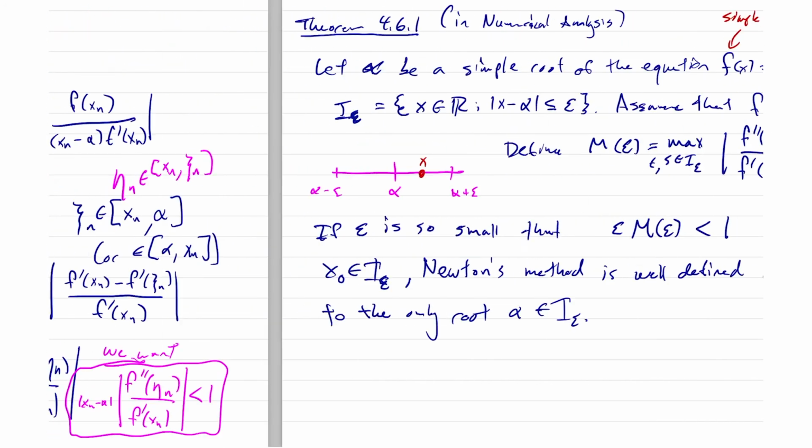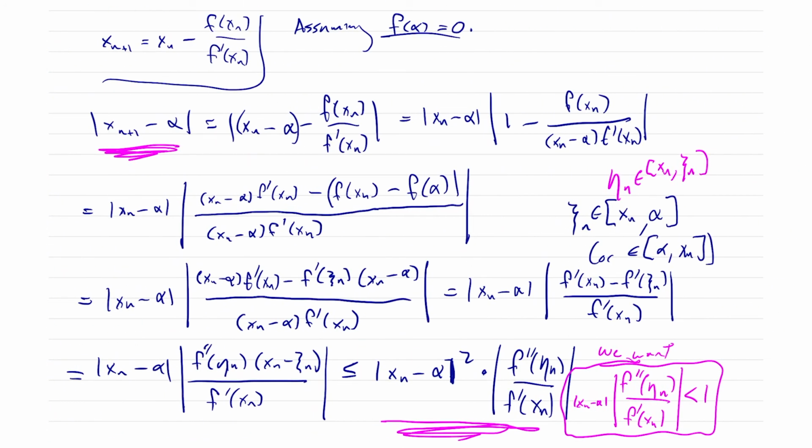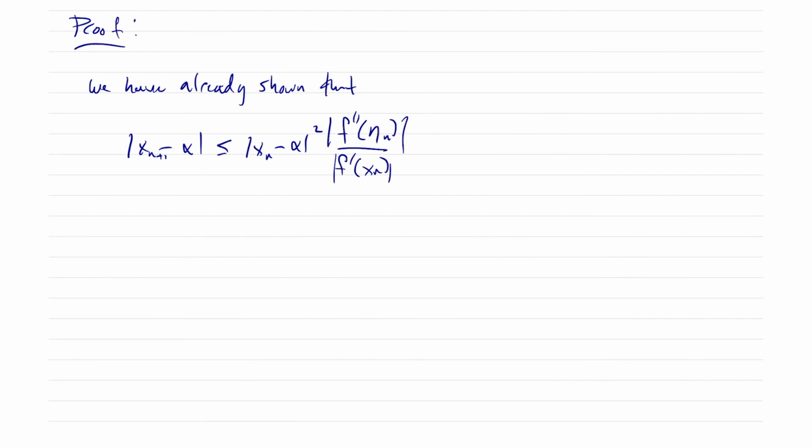That is where we left, if I'm not mistaken. Yep, cool. All right, and this is less than or equal to xn minus alpha squared times m epsilon, and that's by hypothesis. So we're assuming that m epsilon is finite.